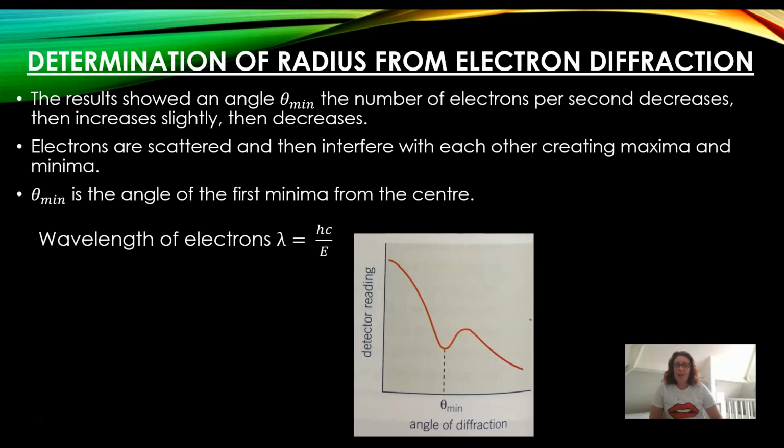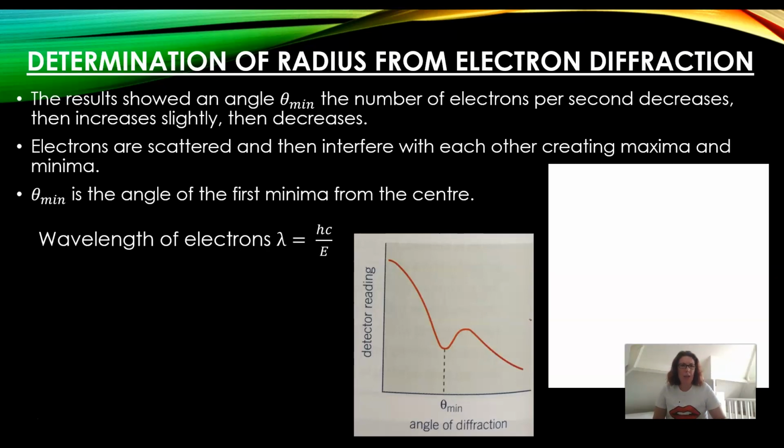Now the wavelength of the electrons that you are firing is equal to hc over E. I'll just show you why that is. The de Broglie wavelength is h over mv. Now mv is almost like E equals mc squared, where I've just changed the c to v to match.